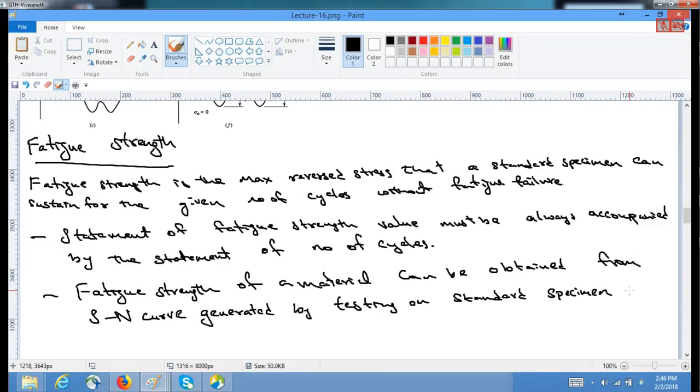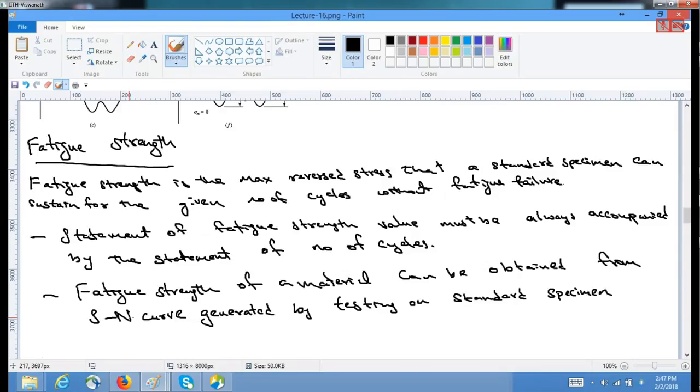Here S means stress, N is the number of cycles, so such an SN curve has to be generated. Generally, fatigue strength is determined on a standard specimen, and for each data point, for a given state of stress, you need to use one specimen.